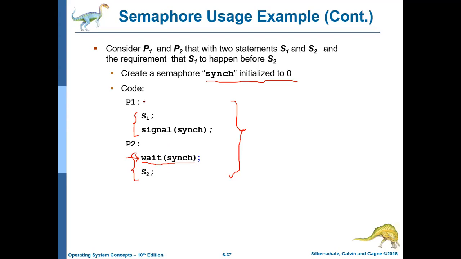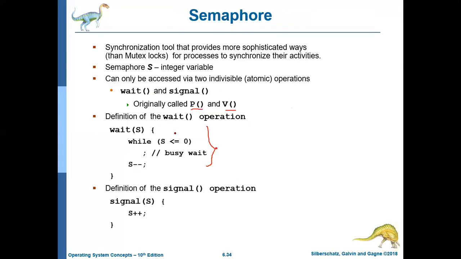After some time, P1 will execute, then S1 will execute. After S1 completes, it will call signal. As in the last slides, in signal you are incrementing the semaphore value.